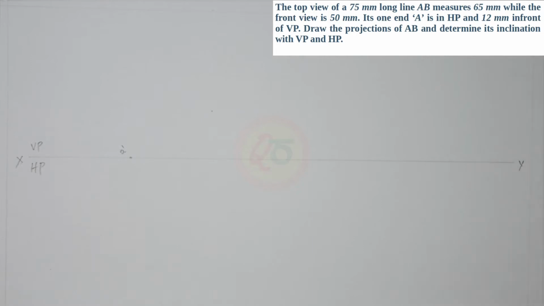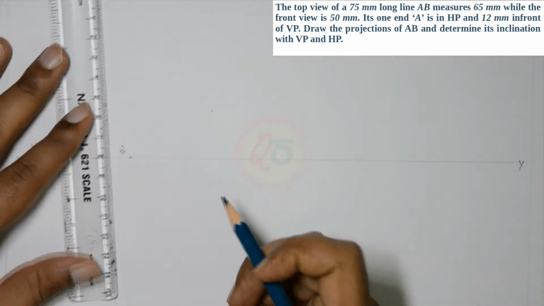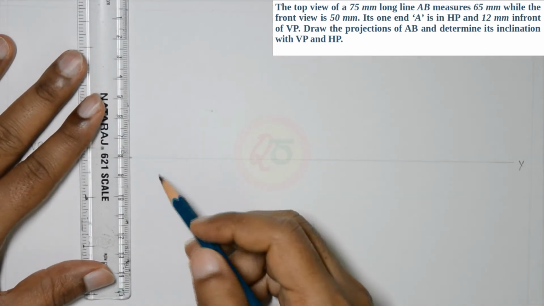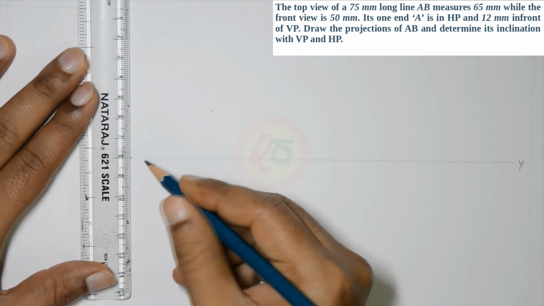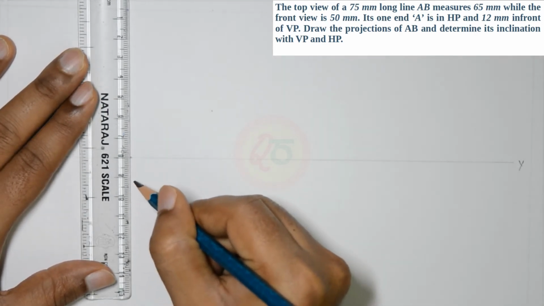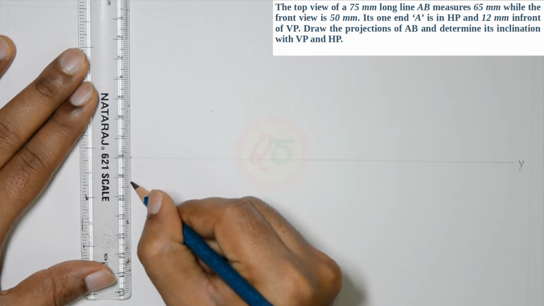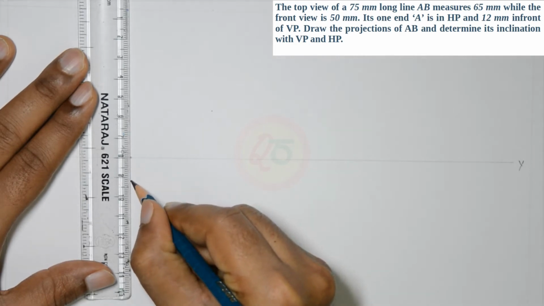And it says it is 12 millimeters in front of VP. So I'll mark at 12 millimeter, the projection of the same point. It is 1.2 centimeters.